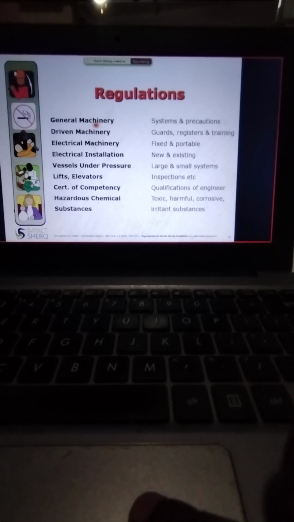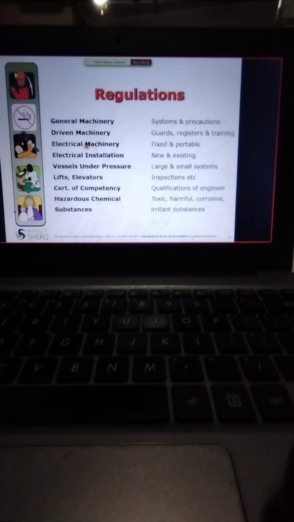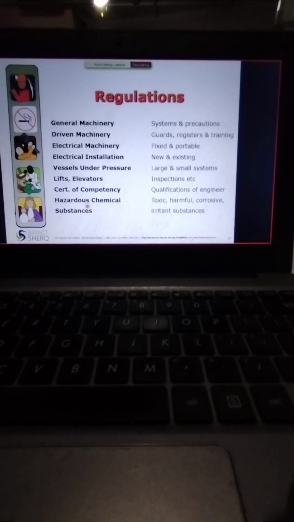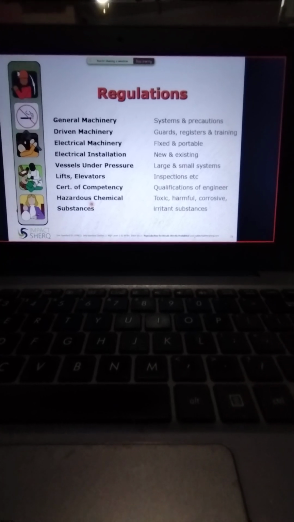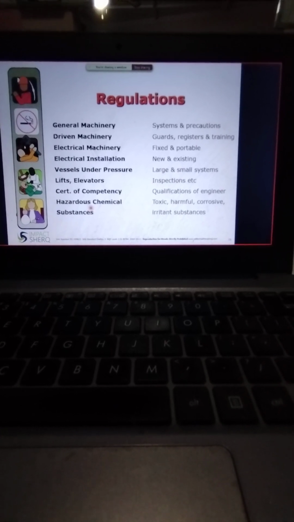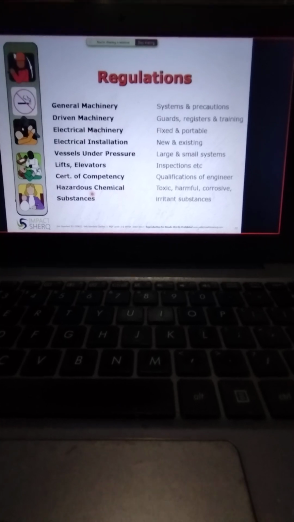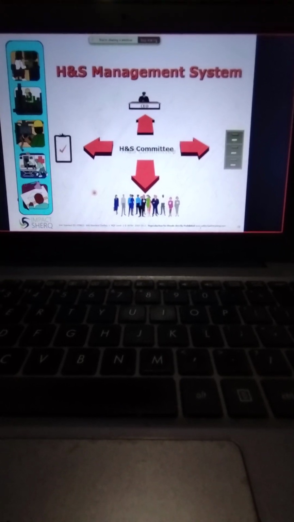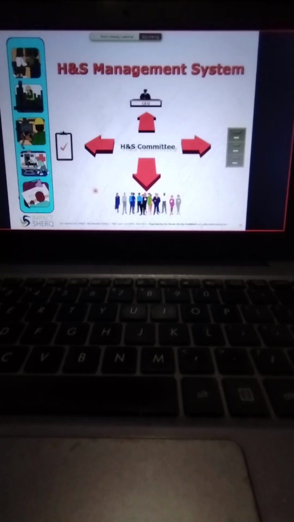There are regulations to do with machinery, regulations to do with electricity, regulations to do with hazardous chemicals. All of these, colleagues, are regulations in health and safety. And in this health and safety course, we'll teach you all of these things and you'll have an understanding of them. And that's very, very important.